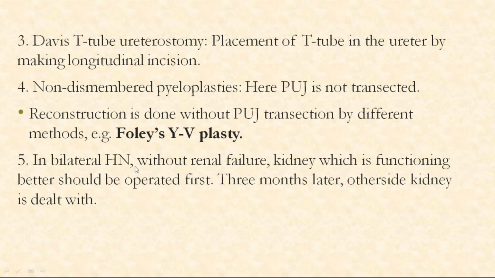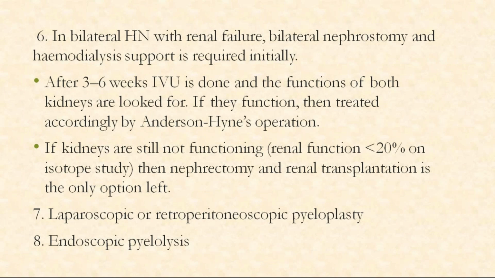Next, if it is bilateral hydronephrosis without renal failure, the kidney that is functioning better should be operated first. After 3 months, the other kidney is to be operated in case of bilateral hydronephrosis. In bilateral hydronephrosis where renal failure has developed, bilateral nephrostomy is done.